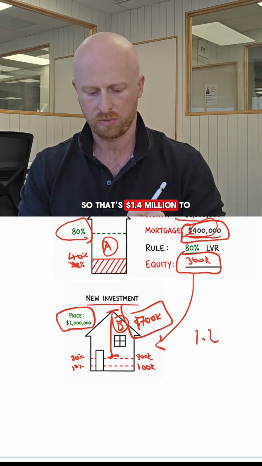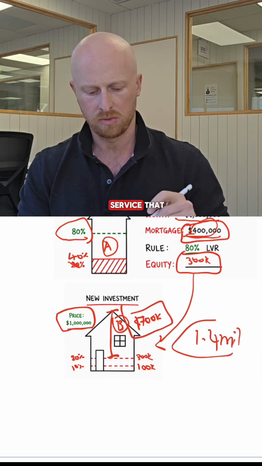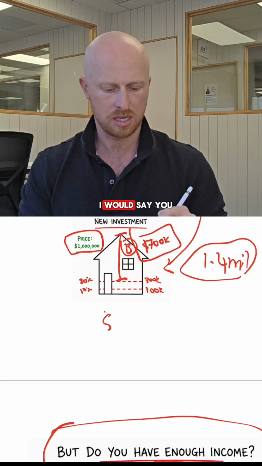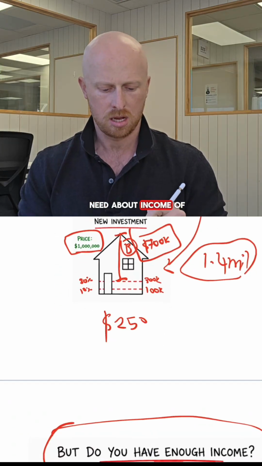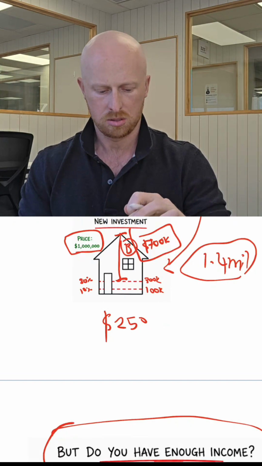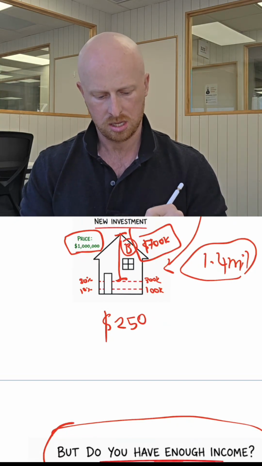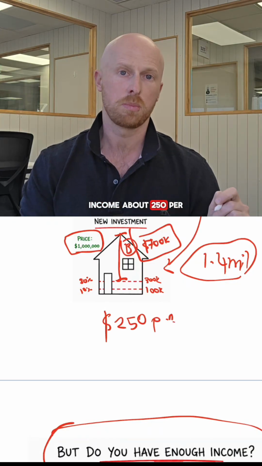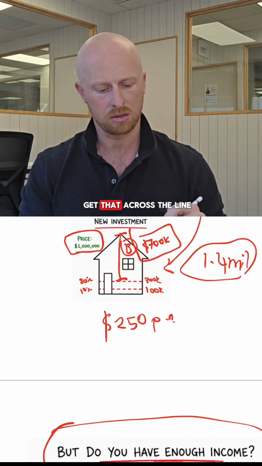So that's $1.4 million. To service that, I would say you need about income of 250. That is terrible handwriting. I feel like a doctor. Income of about 250 per annum to get that across the line.